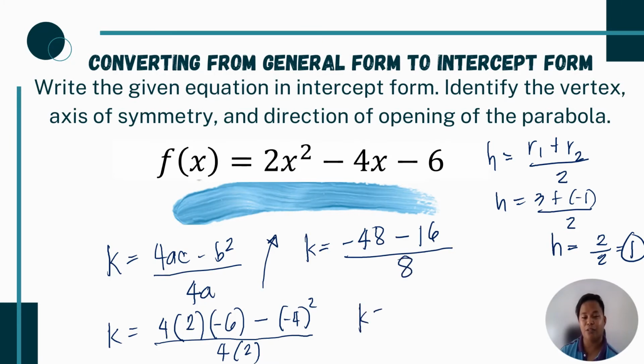And k is equal to negative 48 minus 16 is equal to negative 64 all over 8, then k is equal to negative 8 po. Since negative 64 divided by 8 is negative 8 po.